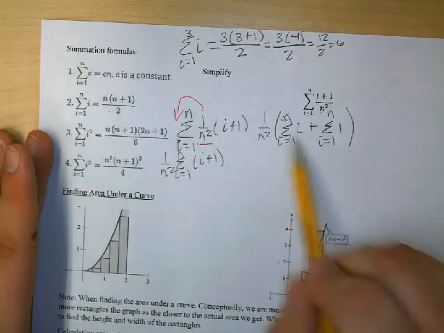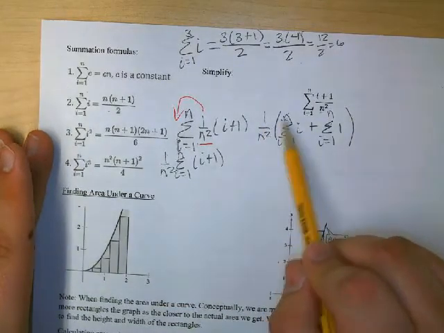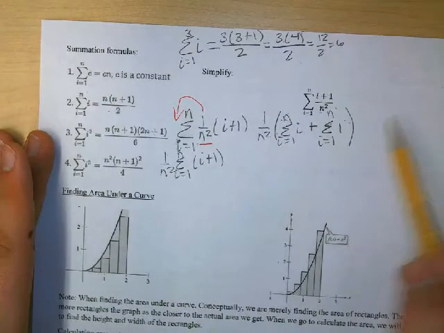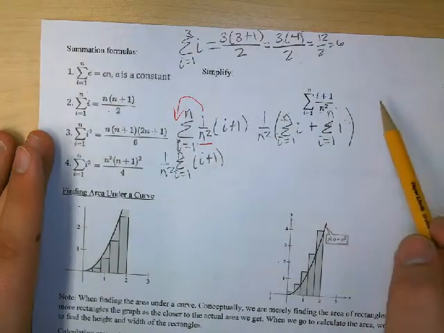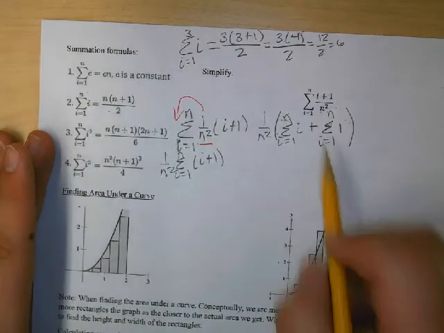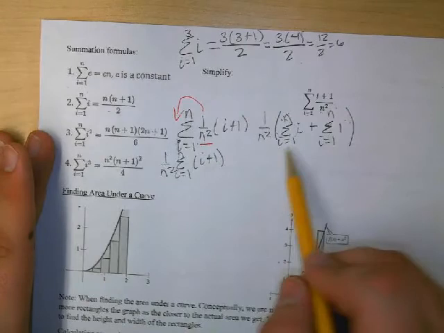This 1 over n squared still applies to both of them. That's why I have to include these parentheses, because otherwise it changes the expression. It would mean I'm only applying the 1 over n squared to the first term.